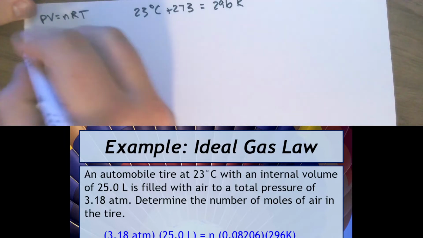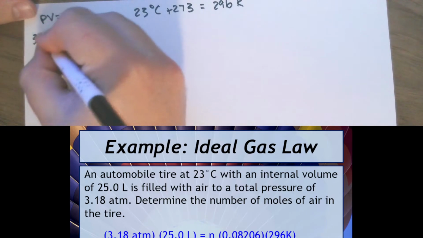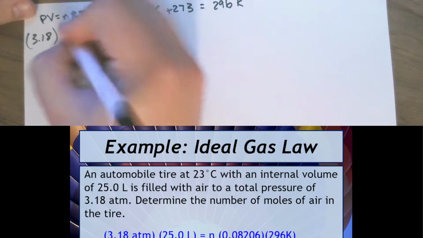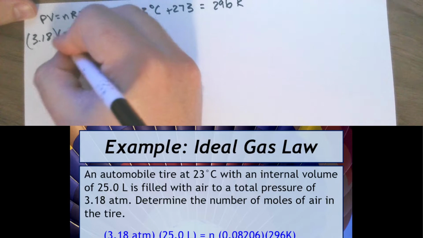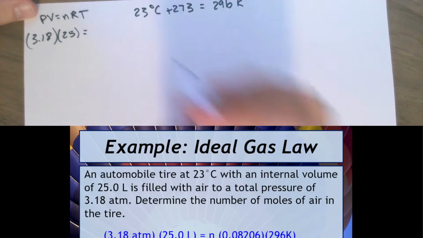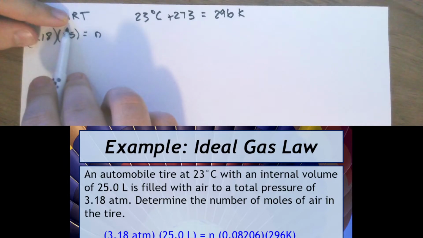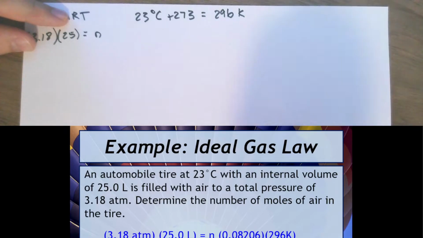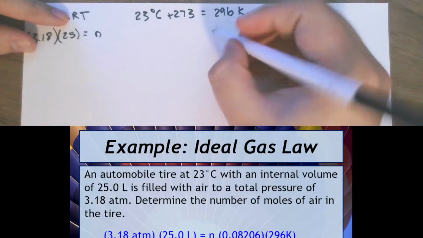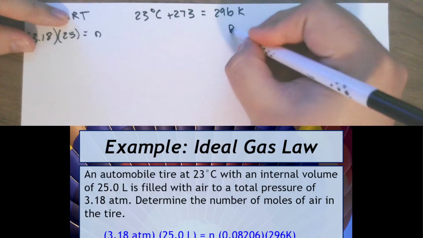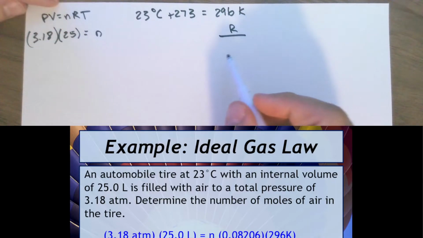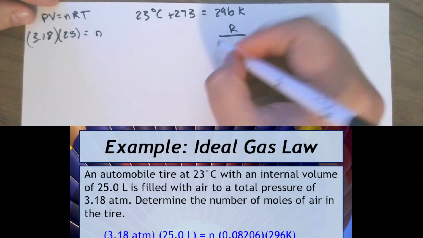Okay. So pressure, it said, is 3.18. Volume is 25 liters equals n, number of moles, times R. So I'm going to write out the gas constants. They will be given to you on the formula sheet as well, and we'll definitely talk about them in class. It depends on what unit you use for pressure, what R is going to be equal to.